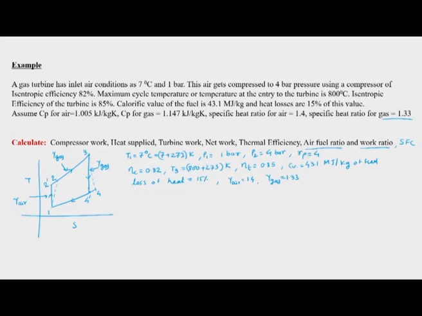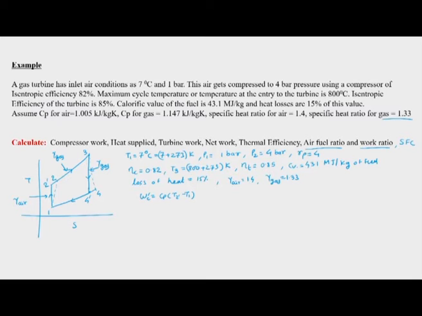Having said that, we can quickly find out compressor work, where Wc dash, which is ideal, is Cp into T2 dash minus T1. We can find T2 dash from Rp, where T2 dash upon T1 is equal to Rp raised to gamma minus 1 upon gamma.